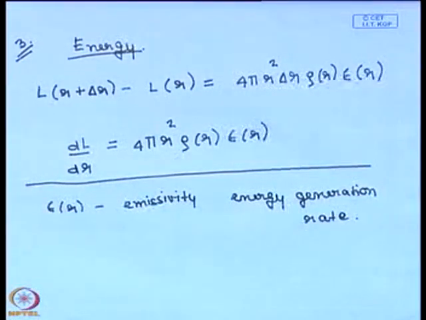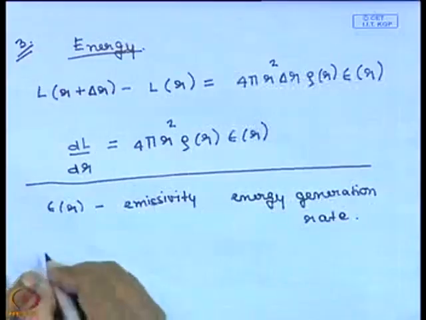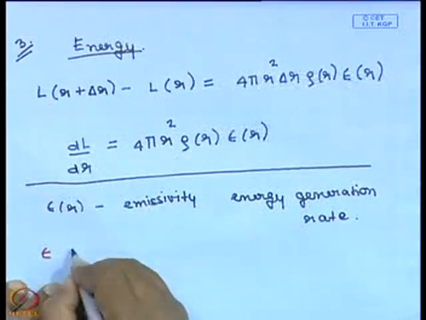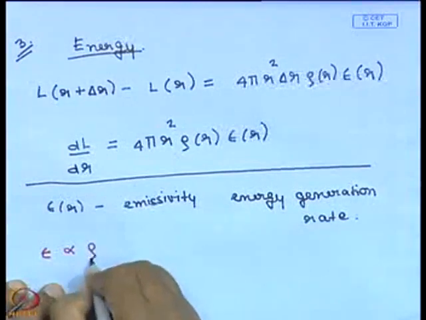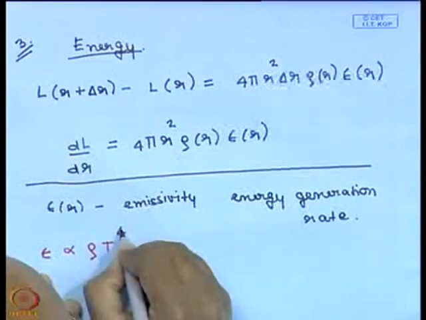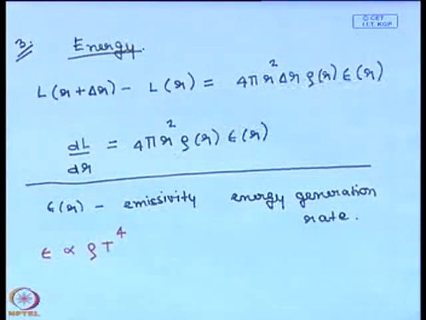And this is something that we discussed just in the last class, in the previous lecture, where we discussed nuclear burning. So, I told you that the energy generation rate epsilon is proportional to the density into T to the power 4 for the pp chain, right.